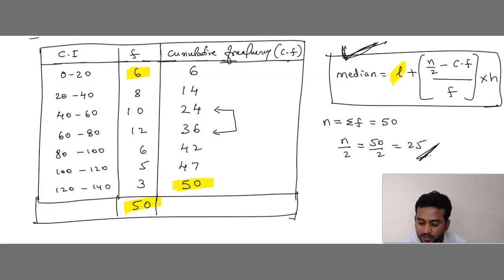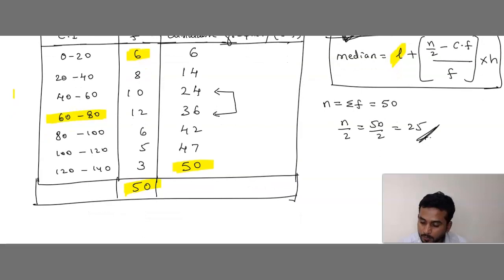From 36, just come here and see the range. What is the range? 60 to 80. Remember, from the highest cumulative frequency, see what the range is. That range, 60 to 80, is called the median class.